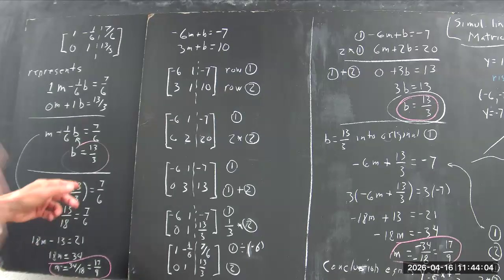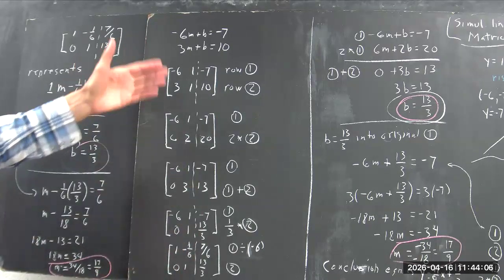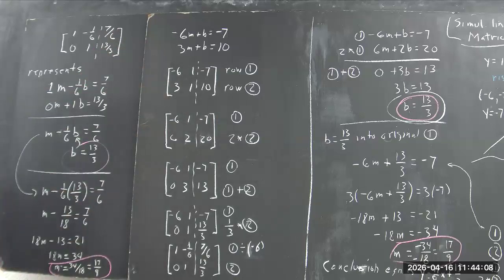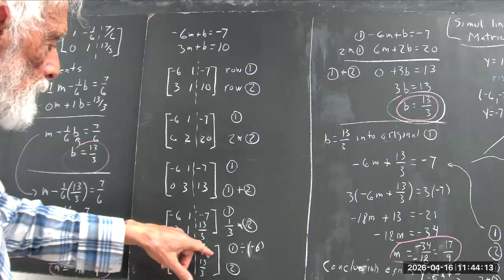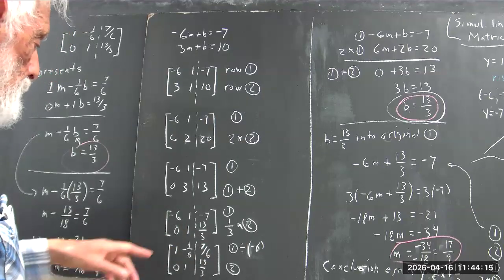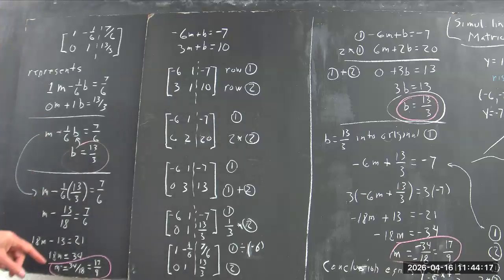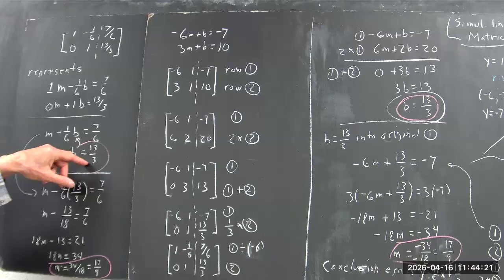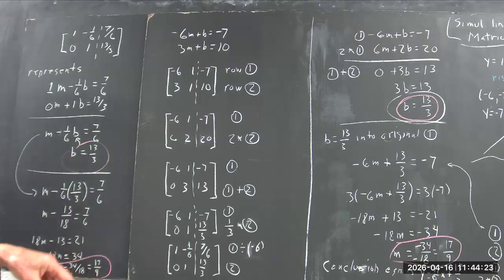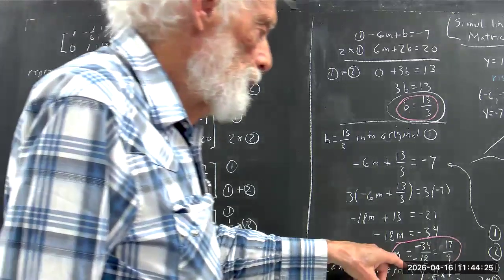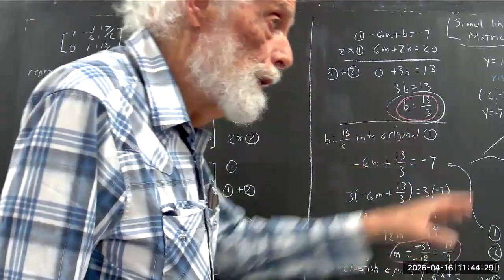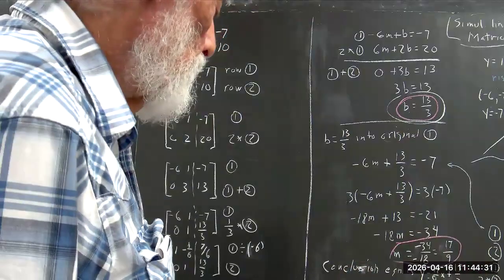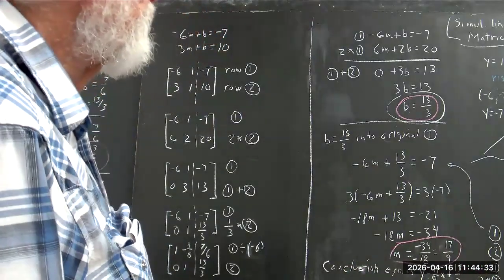We could substitute back into one of the original equations, but we substitute it into the first equation that we ended up in the last step and solve for m, and we get m equals 17/9. B equals 13/3, m equals 17/9, totally agrees with the m equals 17/9 and b equals 13/3 that we got when we used multiples of the rows of equations.